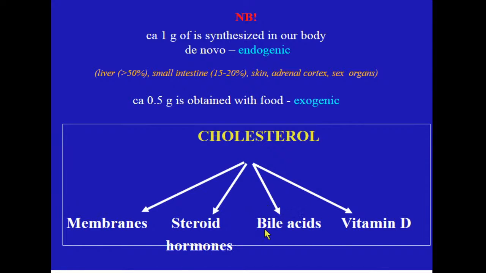Bile acids, of course, are derivatives of cholesterol, necessary for the digestion of dietary lipids, for their emulsification, activation of pancreatic lipase. And also from cholesterol we can synthesize in our skin under the action of ultraviolet light small quantities of vitamin D. Indicate these most important pathways to use cholesterol in the organism, and we will go further.